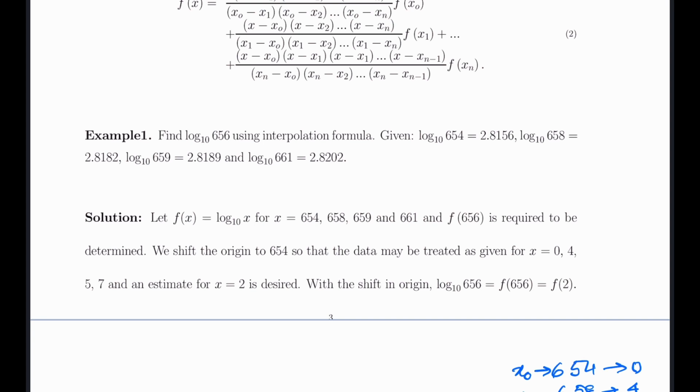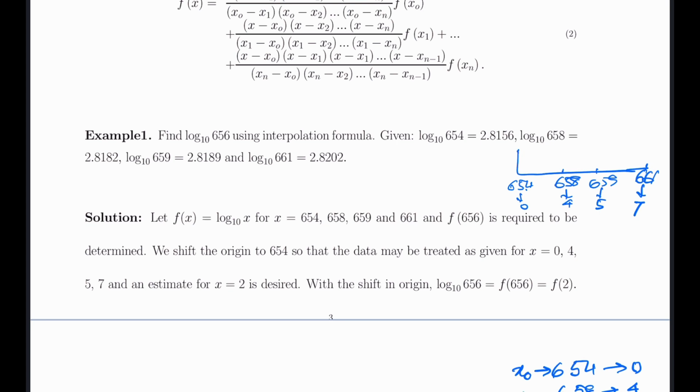See here, we have 654. This is 0. This is the origin here. So 658, this will be 4. The difference is 4. 659 will be 5 and 661 will be 7.